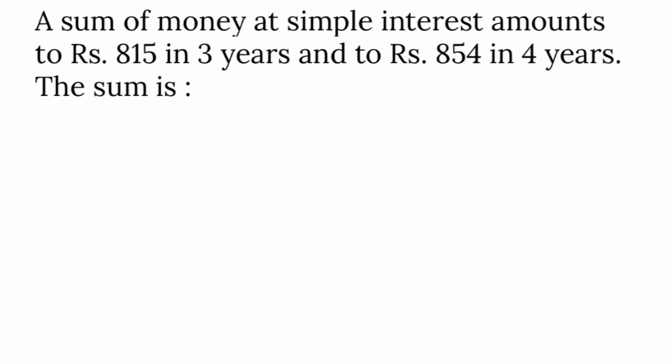A sum of money at simple interest amounts to 815 in 3 years and 854 in 4 years. Find the sum. In 3 years, the amount is 815. And 854 rupees in 4 years.